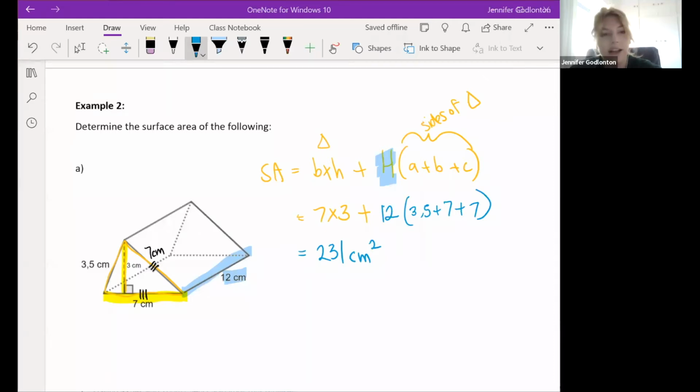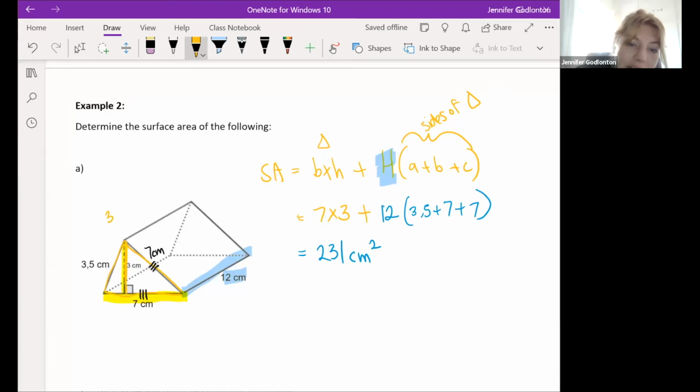Yes, Burlington, how can I help? Ma'am, which one is the perpendicular height? So our perpendicular height, when we're looking in our triangle, that would be the 3.